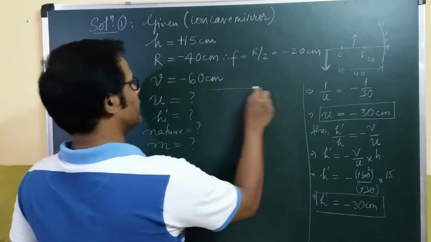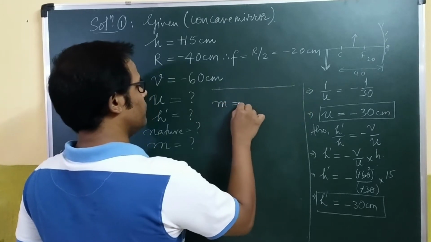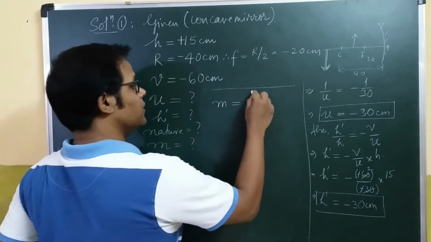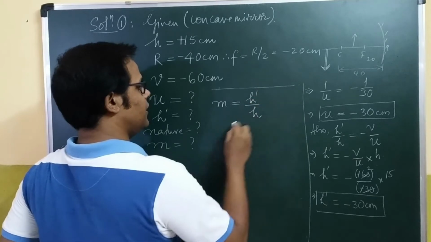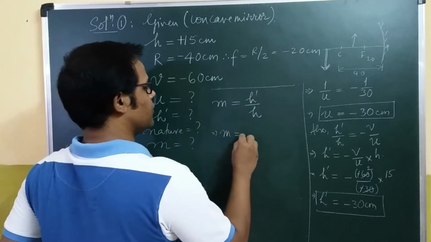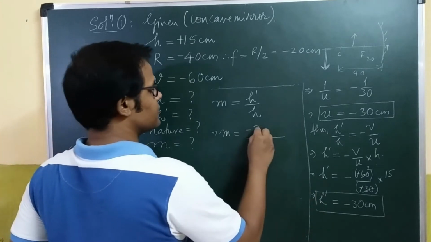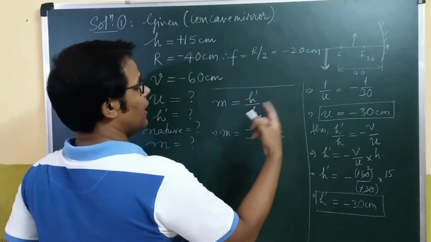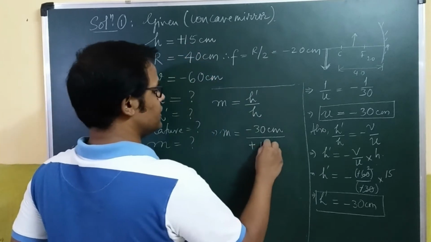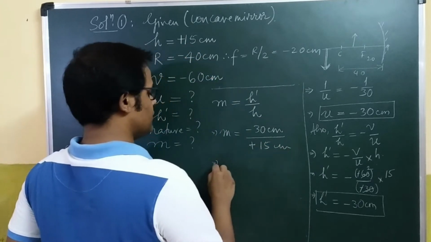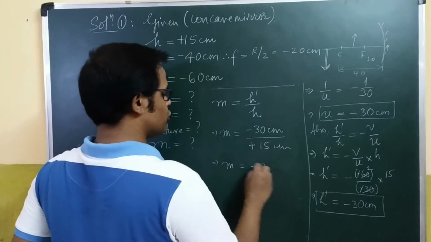and calculate magnification. So magnification m we could have done by any of the formulas. h dash by h, one of its very natural simple formulas there. h dash is minus 30 centimeters and h is plus 15 centimeters, and you can see that m equals minus 2.